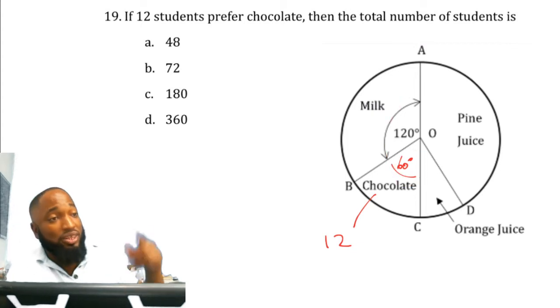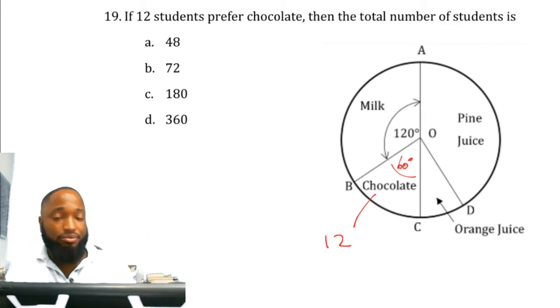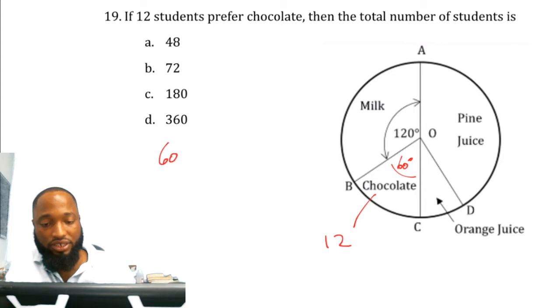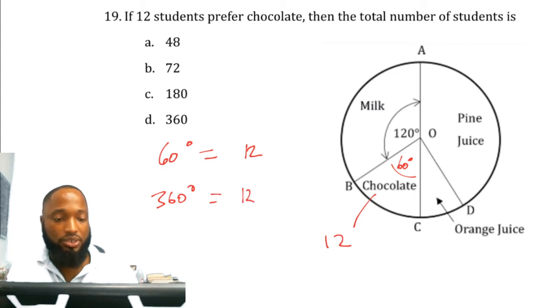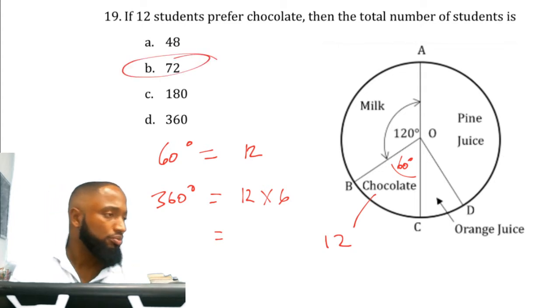So 12 students make up 60 degrees. How many degrees in a circle? 360. So how many in 360? 360 is 12 times 6. 12 times 6 is 72. So that's how they get 72.